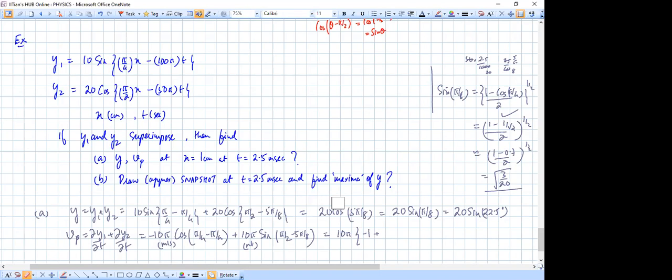Oh, my mistake. This here should be sine, no? Cos pi by 2 minus, so this will become sine.